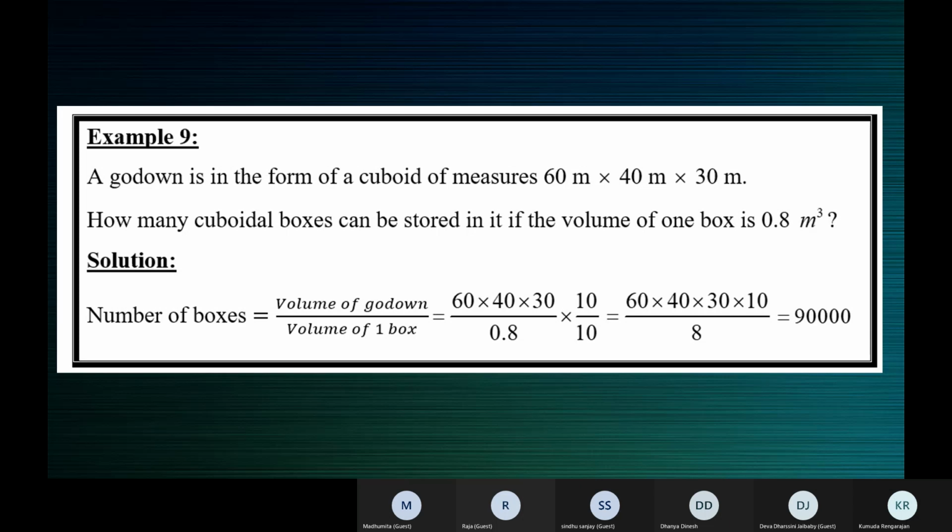I'm writing the final answer. Completed, ma'am. Good. I think all of us are finished.